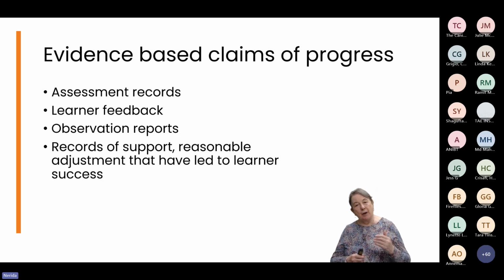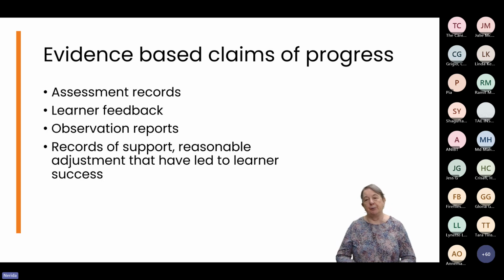And we need those observation notes where trainers have captured things like improved collaboration, better time management, or more consistent safe work practices. We need those records of support. We need to show things like tutorial support, adjusted learning plans, or reasonable adjustments that help those learners stay on track.